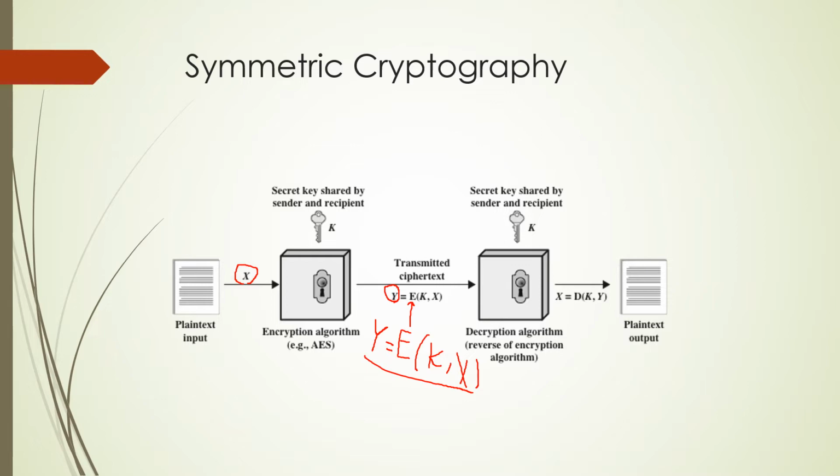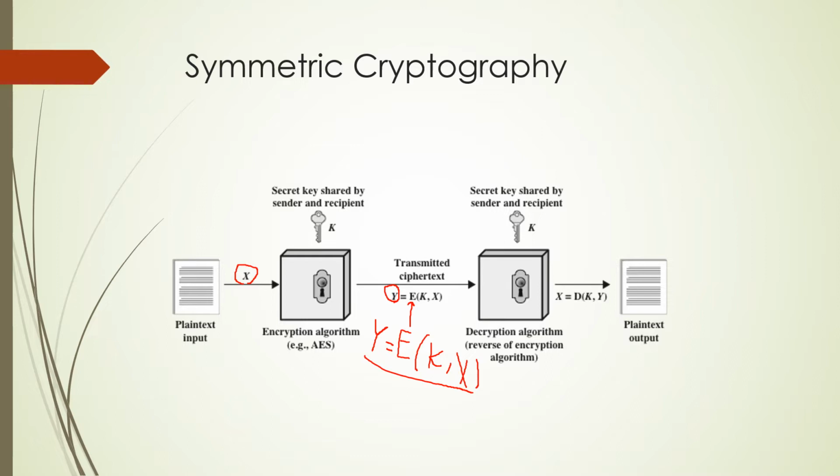These are mathematical functions. But it's not wrong if you say E can be a programming function, and that's considered to be the encryption process. There are a lot of encryption algorithms.